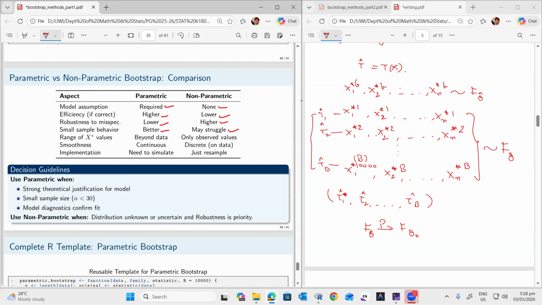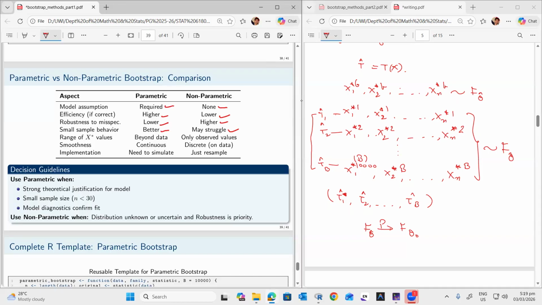All right, the range of the x star values is beyond the data in the parametric case, because you generate the data from the fitted distribution. So the observations do not come only from the given data set, they come from the fitted distribution.